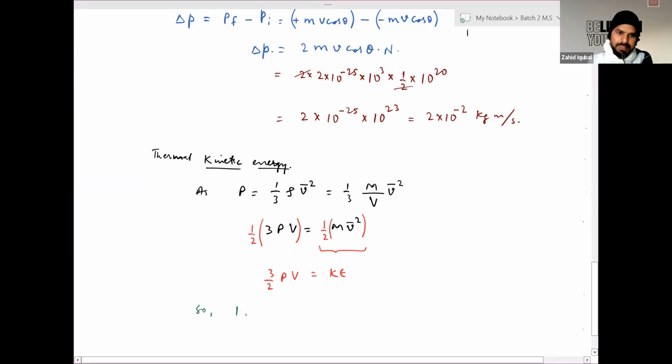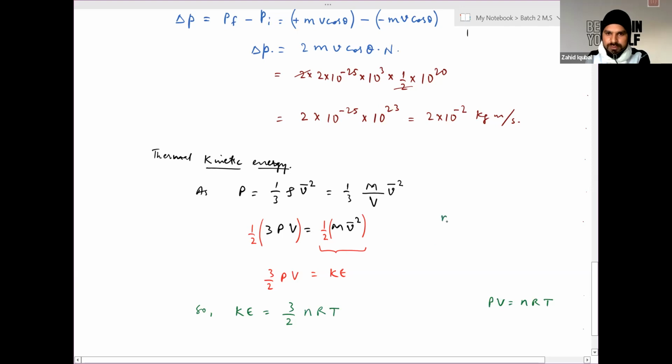So kinetic energy equals 3 divided by 2 PV, and according to the ideal gas equation PV equals nRT. So instead of PV, just put nRT.